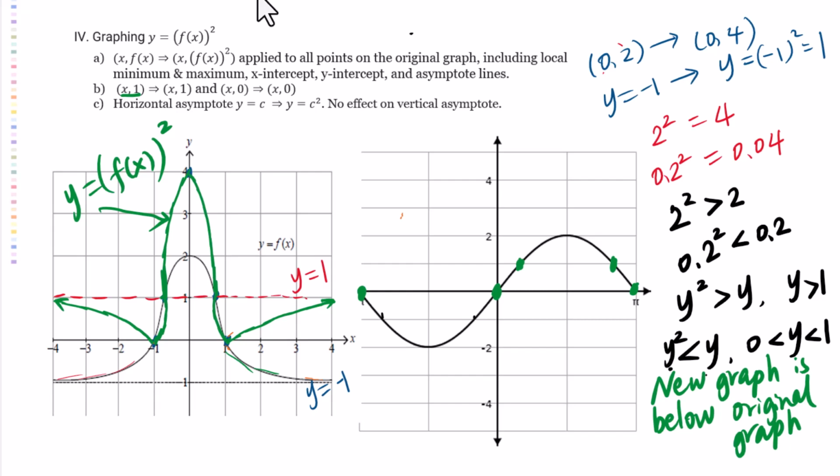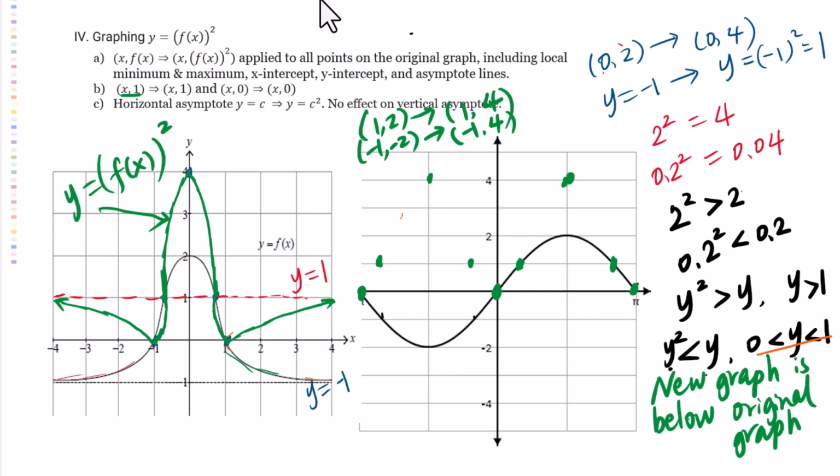So we got these 5 points that will stay the same. (1, 2) will be changed into (1, 4). (-1, -2) will be changed into (-1, 4). -1 will be 1.